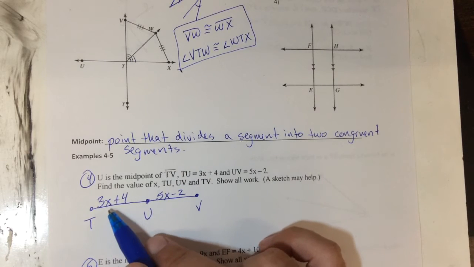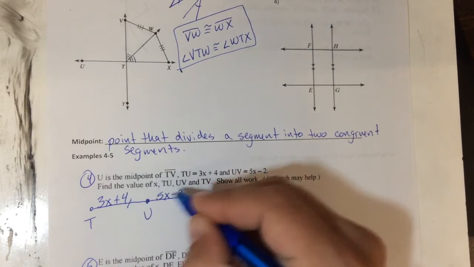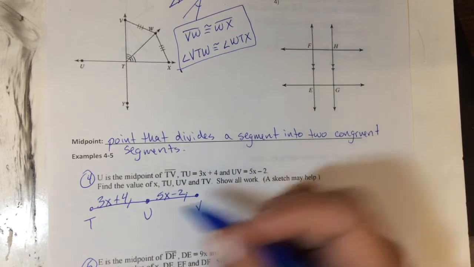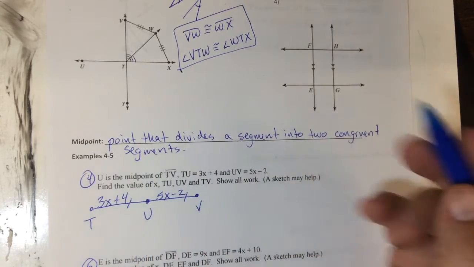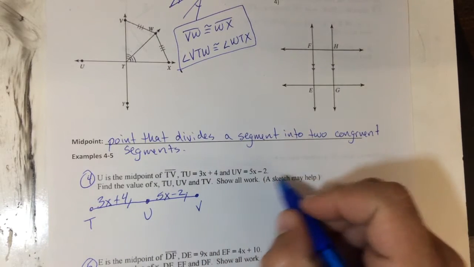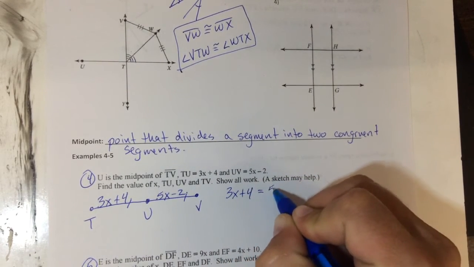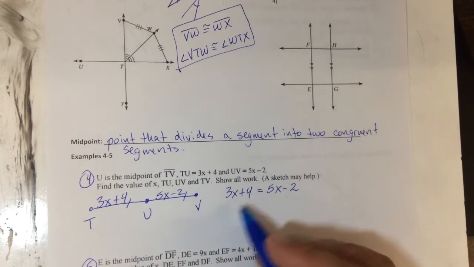So I also want you to mark segment TU congruent to UV like this. Put those tick marks through there to mark that they're congruent. That means that these expressions should represent the same value. That means they must be equal. So that's how we can start to write our equation. 3x plus 4 equals 5x minus 2. And then we just solve the equation for x.